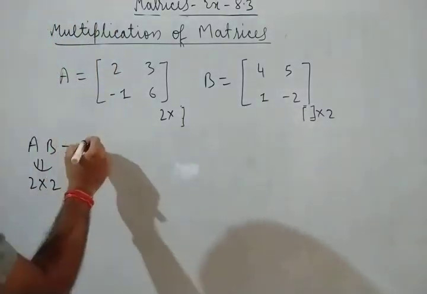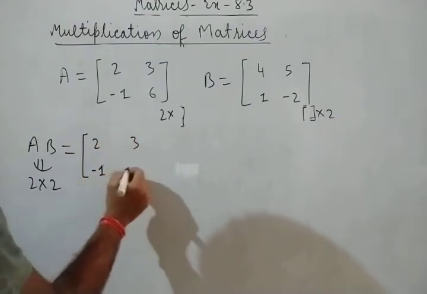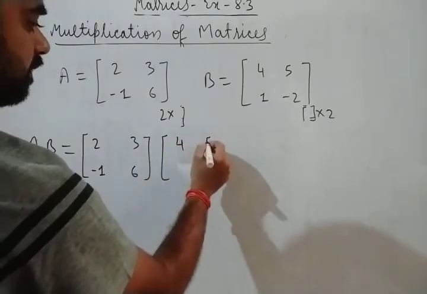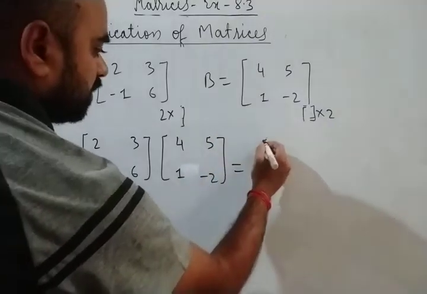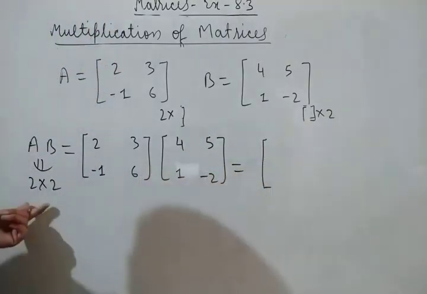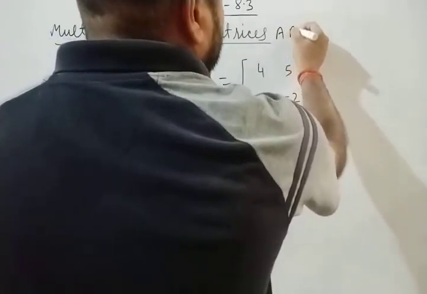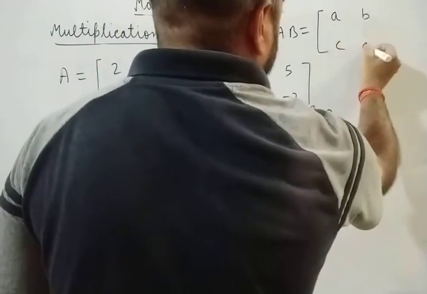Write the matrices A and B. A is 2, 3, minus 1, 6. B is 4, 5, 1, minus 2. Correct. Now, if matrix AB is 2 by 2, then AB will be like this: a, b, c, d.